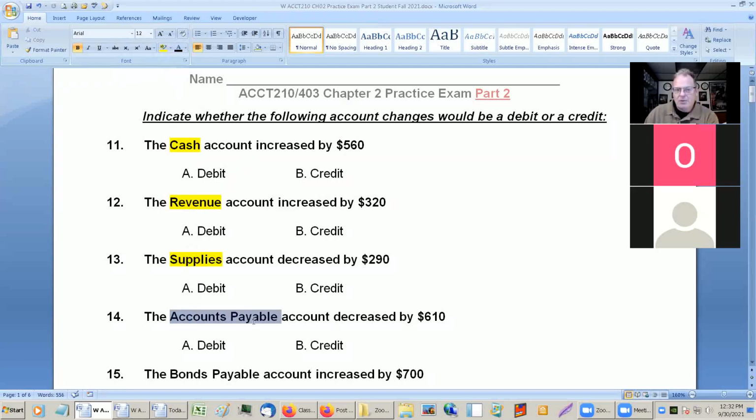And yeah, you're absolutely right. There'd be 2, but we're just doing it for the one account. So would this one account be a debit or credit, if it increased or decreased?